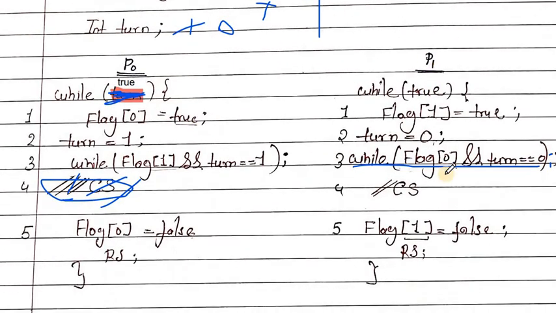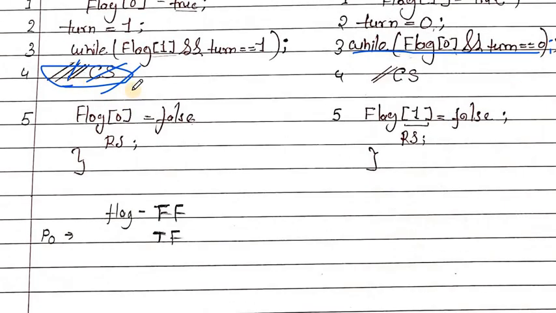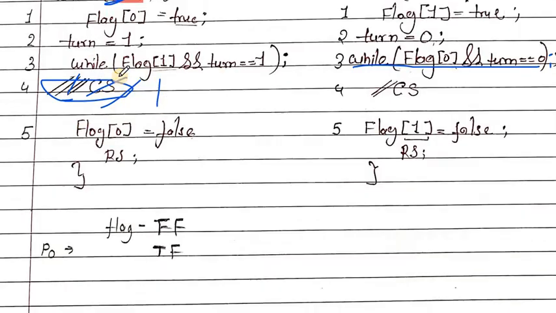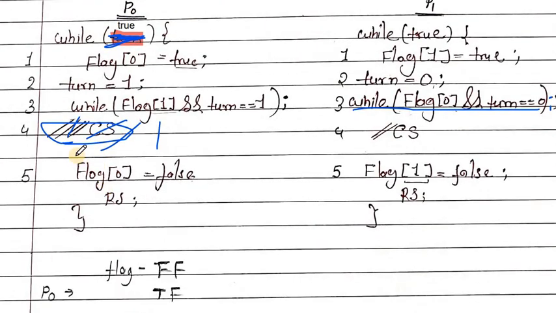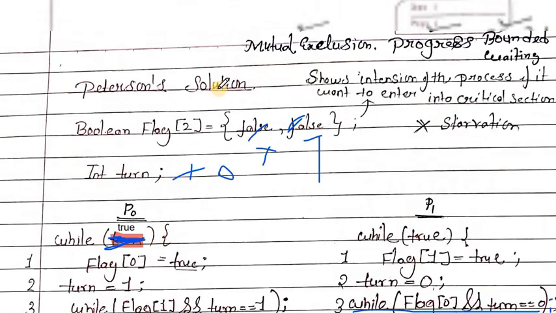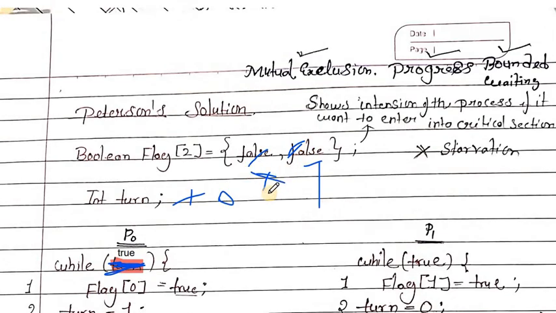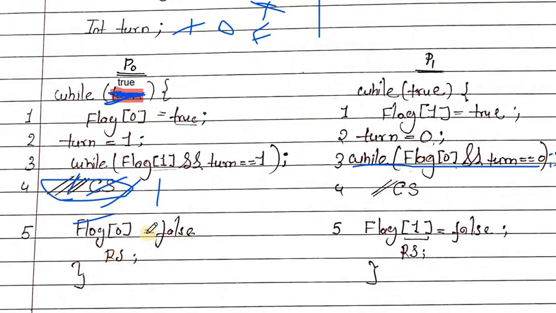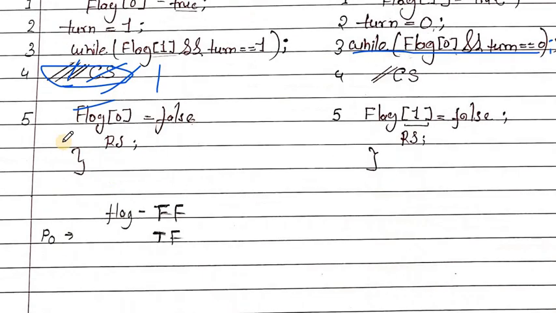Here again preemption happens and process P0 continues from the critical section. When the critical section has executed, process P0 turns flag 0 to false and comes out of the critical section.